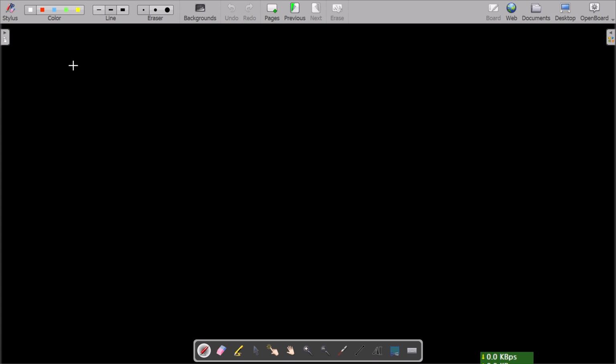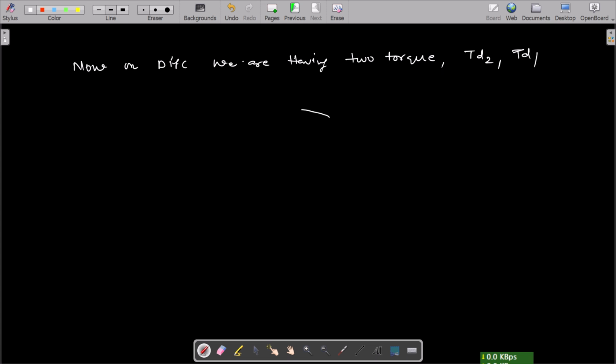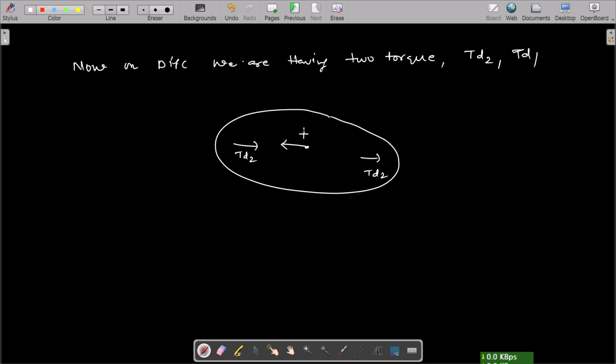Now on the disk we are having two torques, TD2 and TD1. How are these two torques there? This is the disk. TD2 and TD2, and we are going to have the TD1 like this.